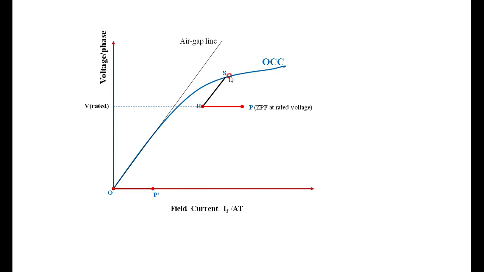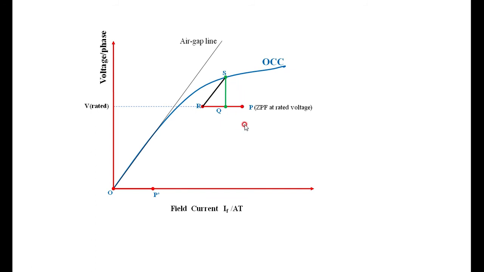That touches the OCC at point S. Then you can drop a perpendicular from S onto this particular line RP. Therefore, it touches at the point Q on RP. Also, you can join RS.